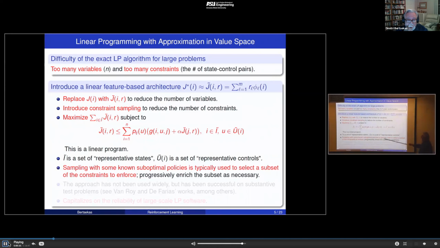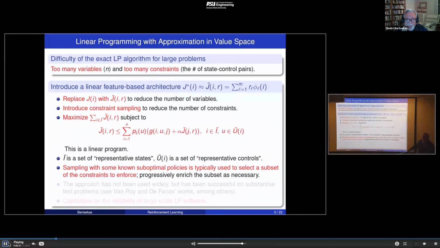Okay, now the difficulty is here. How do you reduce the number of constraints intelligently? Well, obviously, you should enforce the constraint for the important states and the important controls, important in terms of our problem. So one possibility that's typically tried in this setting is to sample the state space and the control space by using some known suboptimal policies.